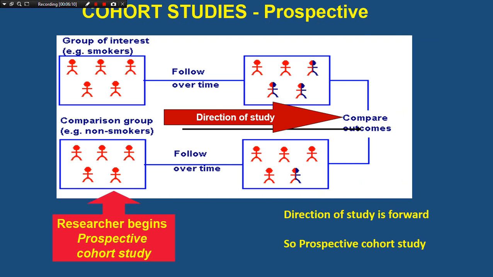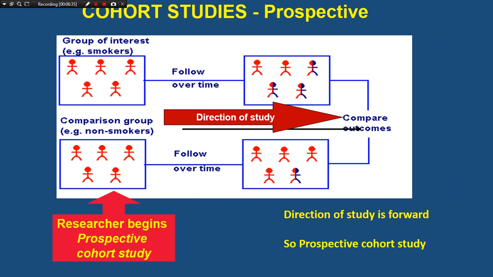Cohort studies. Cohort means a group of individuals sharing the same characteristics. Cohort studies can be prospective or retrospective. We will see prospective first. Two groups of individuals are there. One group is exposed to a risk factor, another group is not exposed to a risk factor.